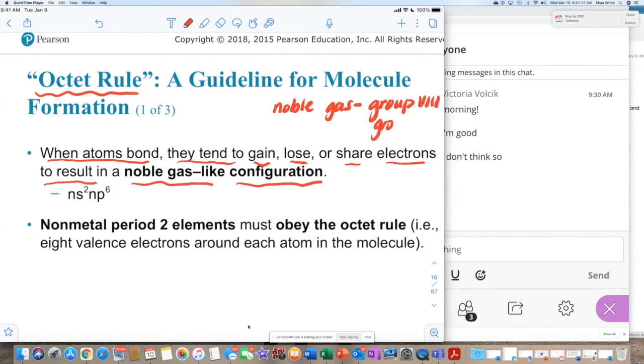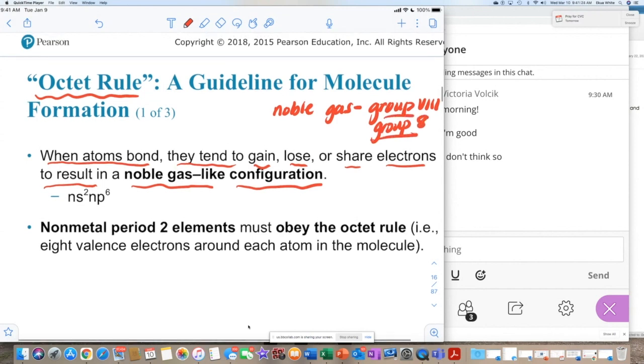So why are elements trying to be like group 8? Group 8 elements tend to be stable, and they have lower energy because they're stable. For that reason, when the other atoms bond, now when he's referring to atoms here, they mean the group A atoms. Okay, that's 1A, 2A, all the way to 7A.